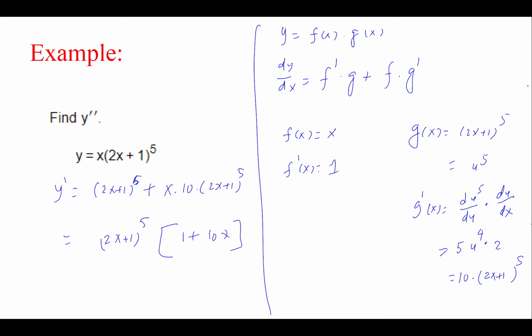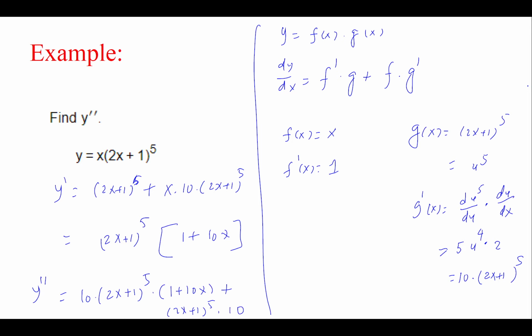To find the derivative the second time, we take the derivative of this function, which we already found, that is 10 times 2x plus 1 to the power 4, times this function as it is, plus this function as it is, which is 2x plus 1 to the power 5, times the derivative of this function, where the derivative of 1 is 0 and the derivative of 10x is 10. So I can just write down 10.